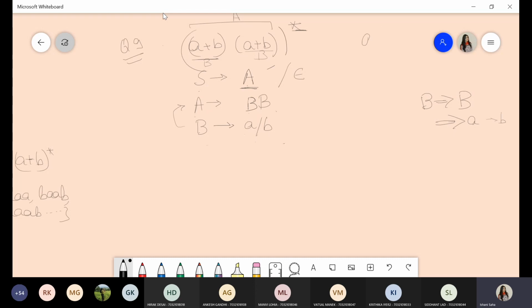But have I made you write A star like this? S tends to A, or let's say A, and then A tends to A like this. It is the star thing. Just think, a bit of modification is required, then this is correct. This is star. How did I make you write the star?